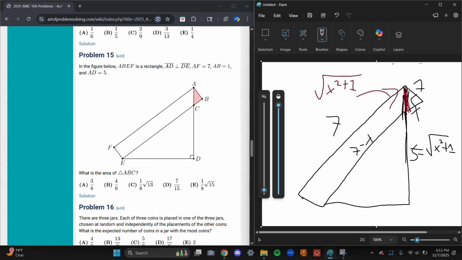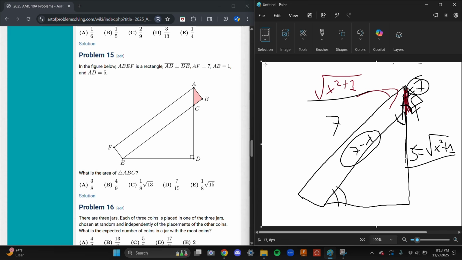Right? Okay. And now we need to essentially set up a ratio. So these two angles here are both equal to each other, so that implies that these two angles here are also equal to each other. So we can say the ratio between this leg and this hypotenuse is equal to 1 over the square root of x squared plus 1.